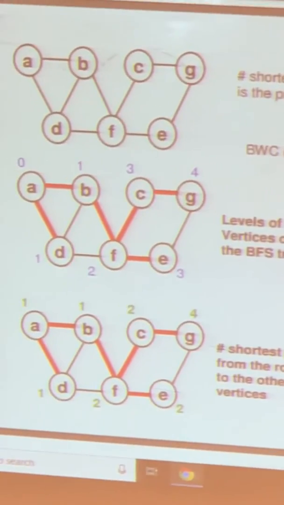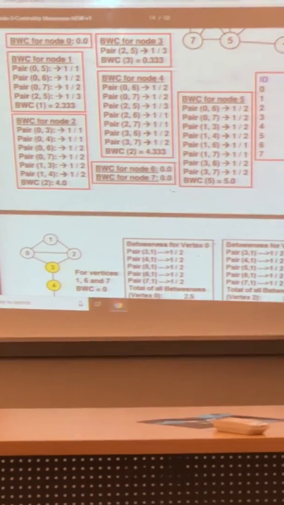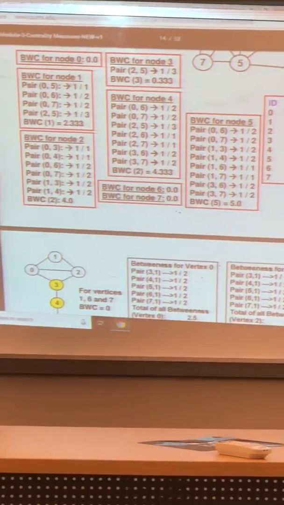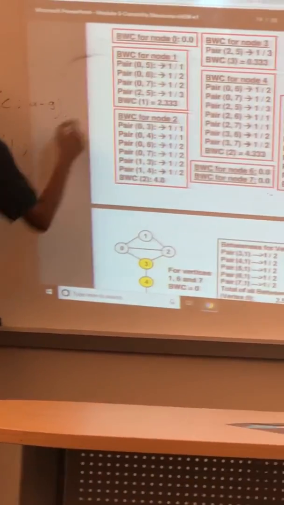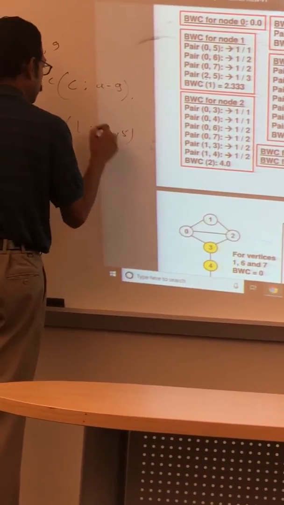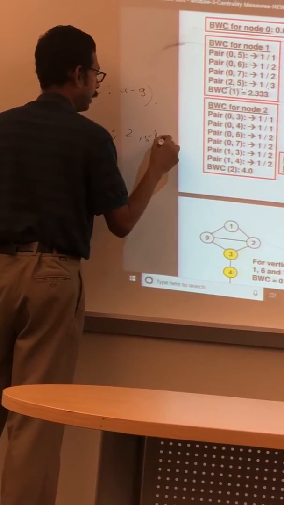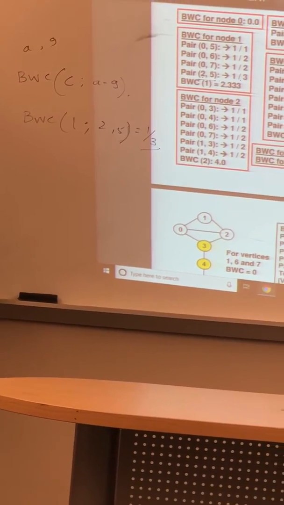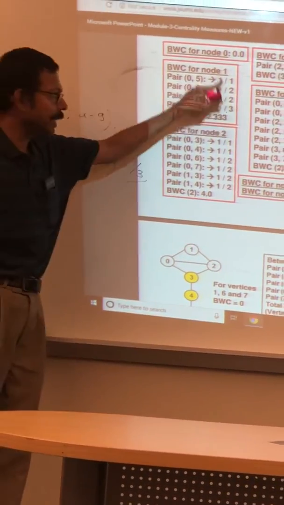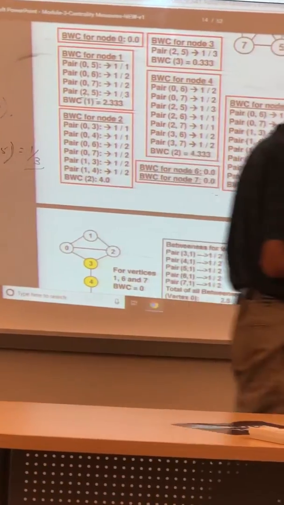Like in the example before, we looked at the betweenness of vertex 1 with respect to the pair 2, 5. The betweenness of vertex 1 with respect to the pair 2, 5 came out to be 1 over 3, right? So we are going to see how to compute these fractions using breadth first search.